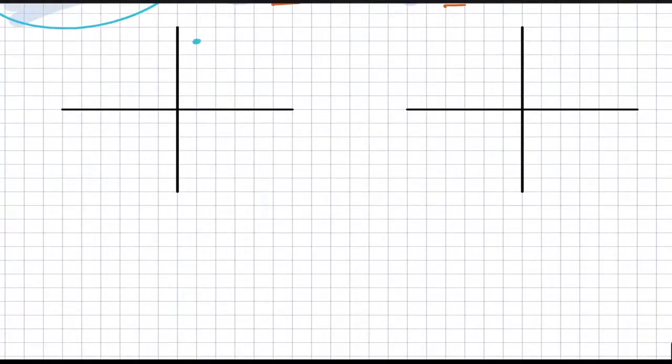Let's make our first shape. And then I'll go ahead and make our next shape.